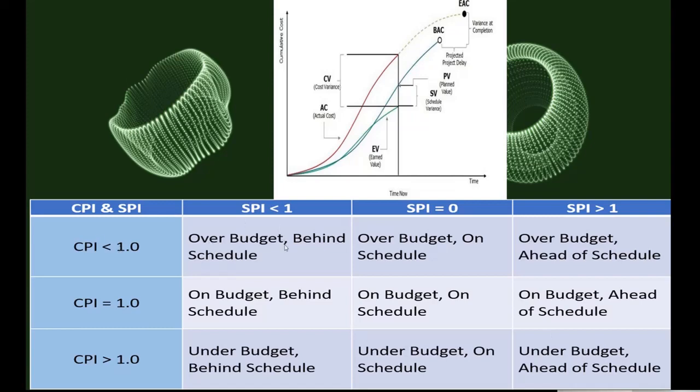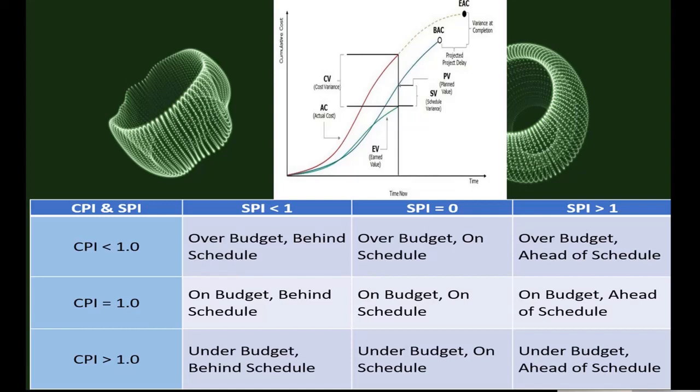I think you got it, right? Always remember that if it is greater than 1, we always appreciate it. Greater than 1 means ahead of schedule, under budget. SPI greater than 1 means it is ahead of schedule for sure.